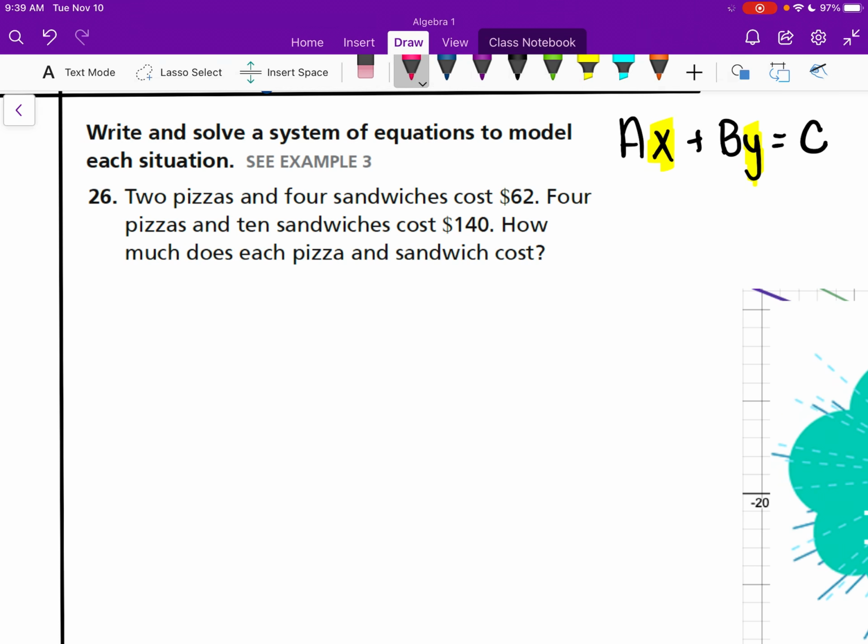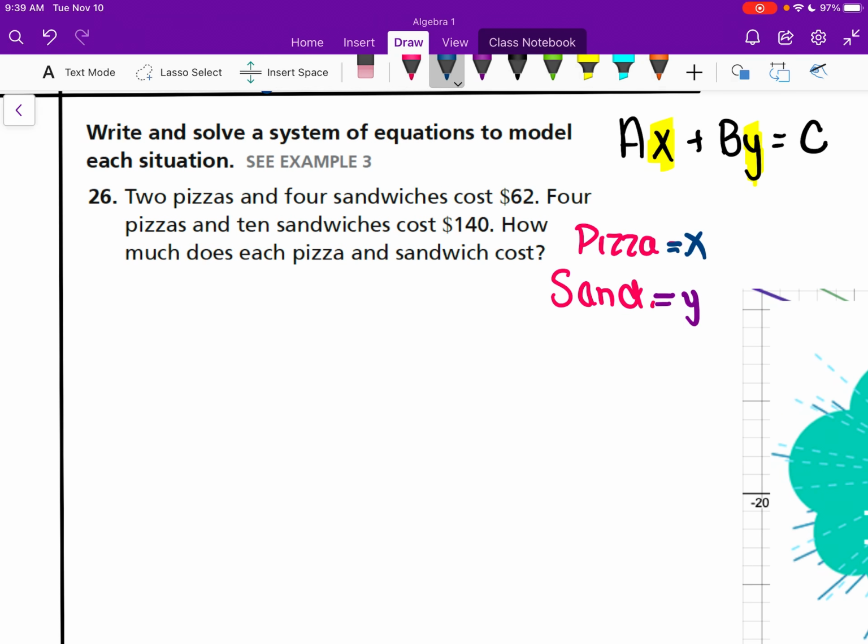We're comparing pizzas and we're comparing sandwiches. So let's let pizzas be our x and sandwiches be our y. All right, we've got our two variables, our two unknowns, because we don't know how much each one of those cost. And we can set up an equation to model this.